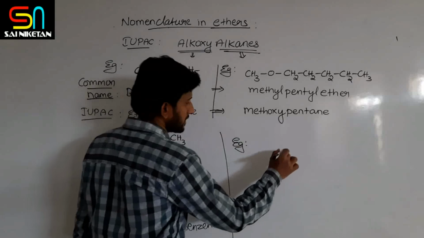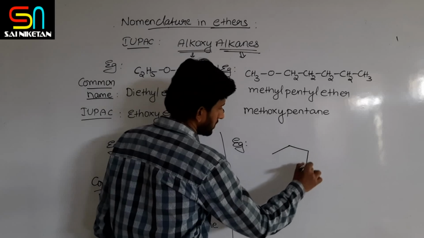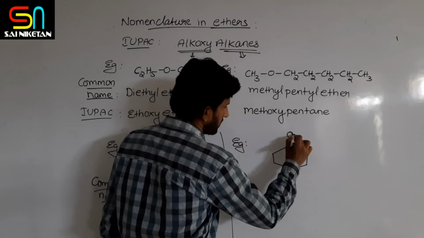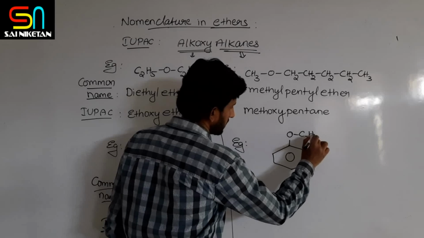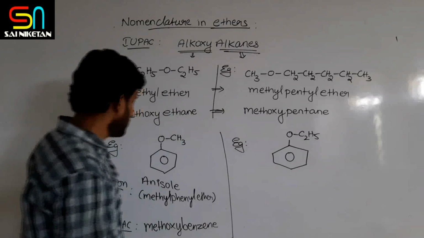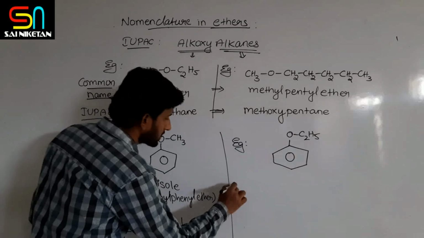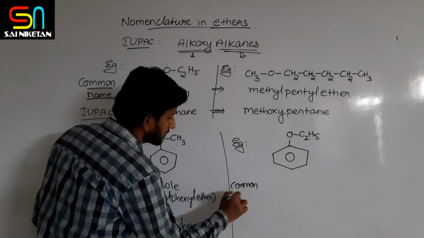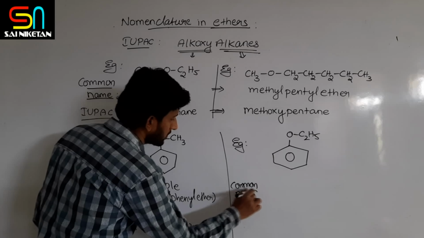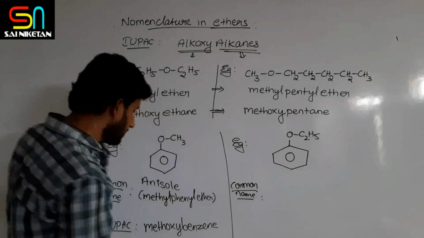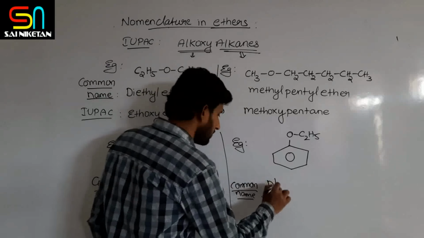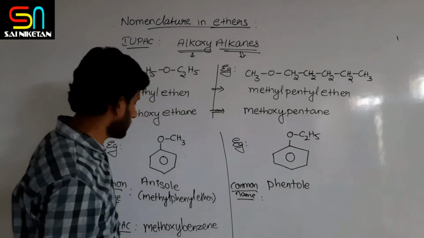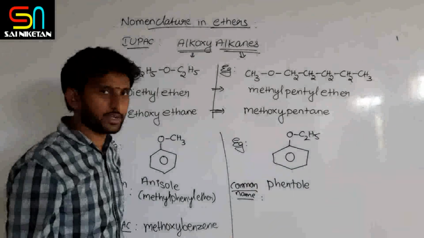Okay, like that. Another example, if a benzene ring contains an oxygen with C2H5, the common name of this compound is phenetole. Like anisole, there you call it phenetole.